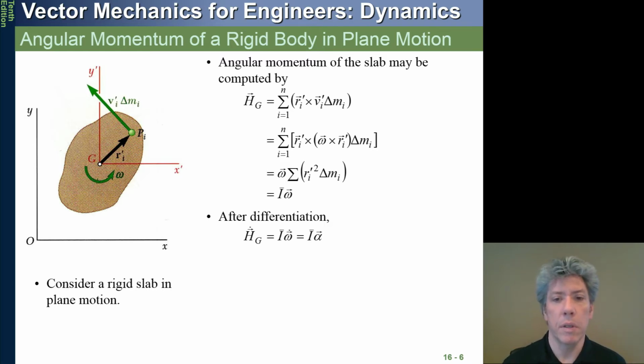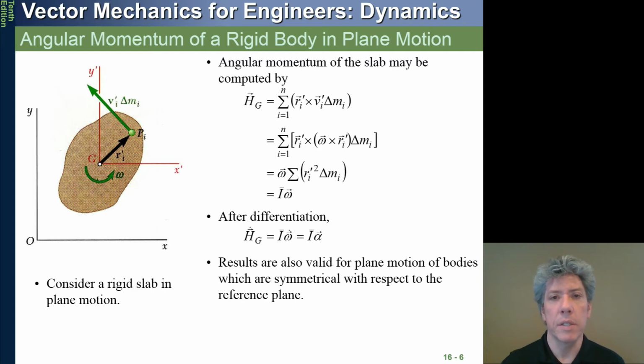One thing to note here: we've differentiated I times omega, and notice that the I doesn't have a term to itself. It's constant, because all it really does is capture how the mass is distributed about the center of mass of the body. It just depends on the geometry of the body.